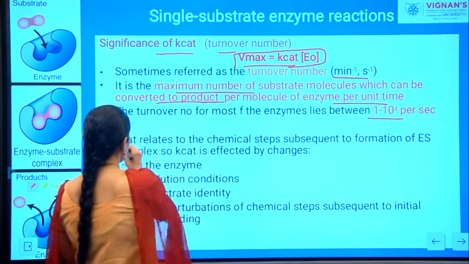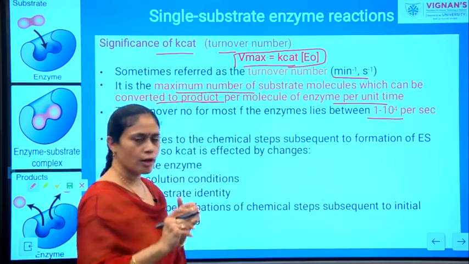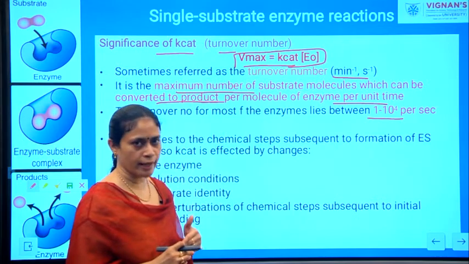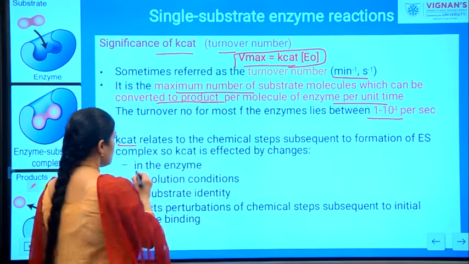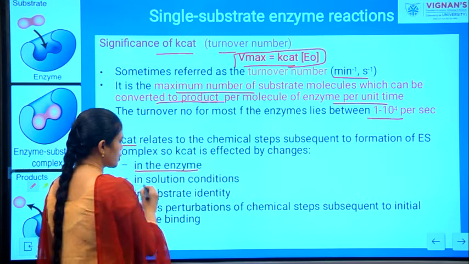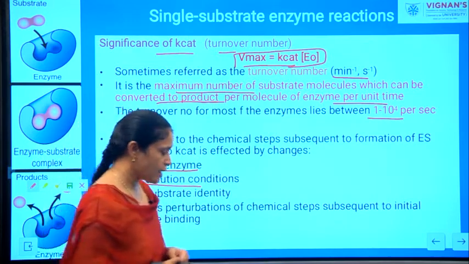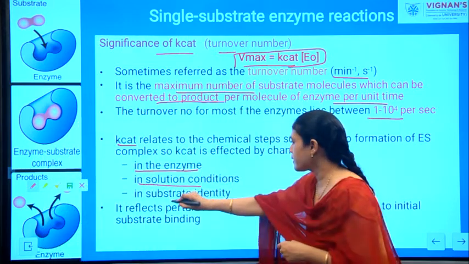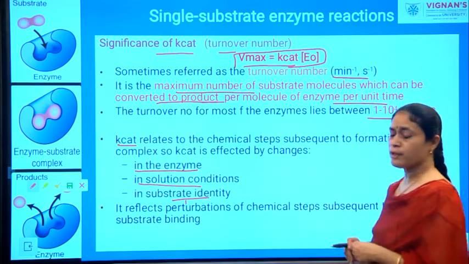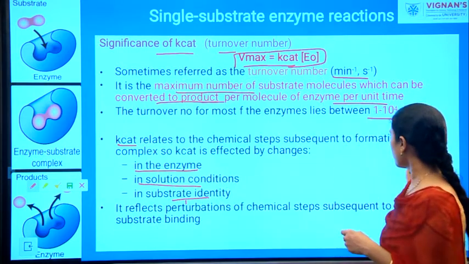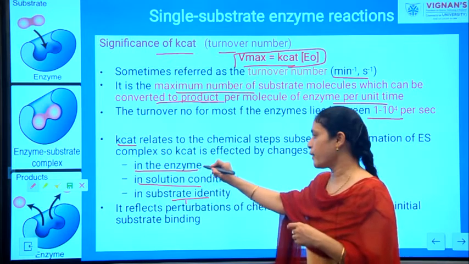And what is the importance of kcat? What are the conditions which affect the kcat? Those are the enzyme, the solution conditions, as well as the substrate identity. So kcat relates to the chemical steps subsequent to the formation of the enzyme substrate complex.